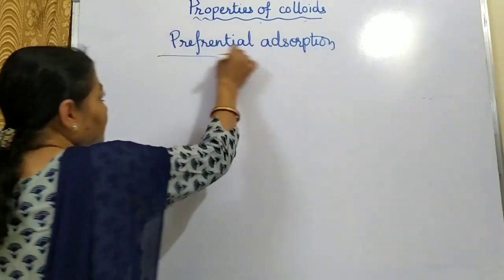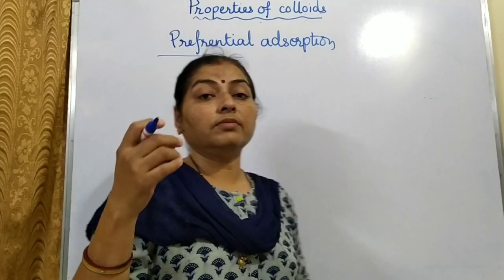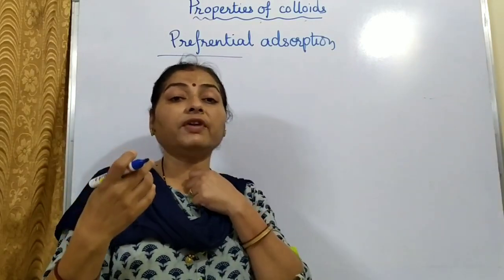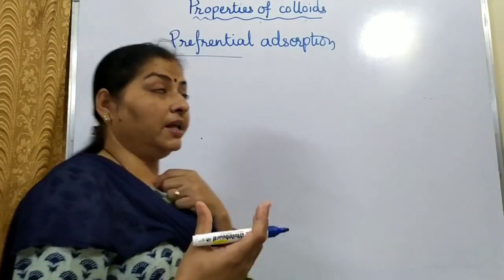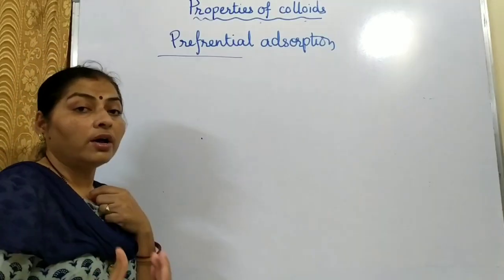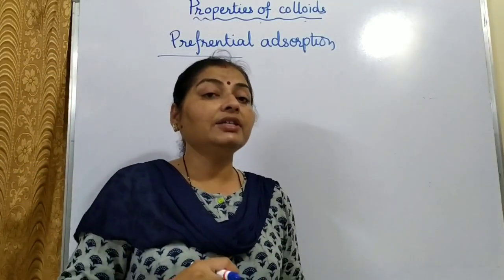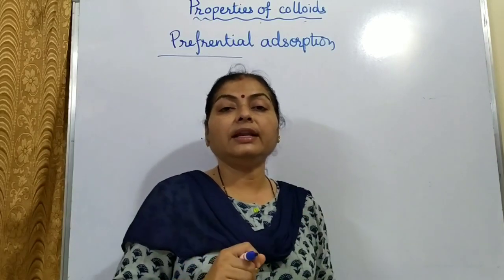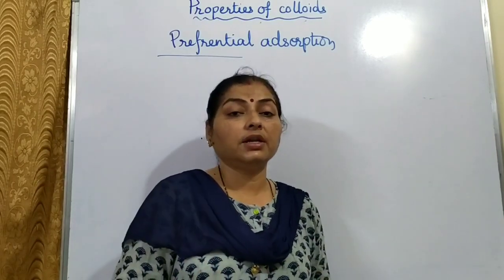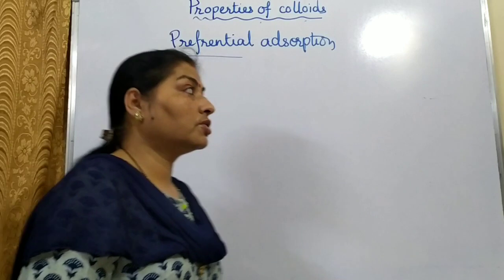Now, preferential means giving preference or priority. So when a sol or colloid is formed, which charge gets adsorbed depends mainly on the procedure, how we are preparing that sol.